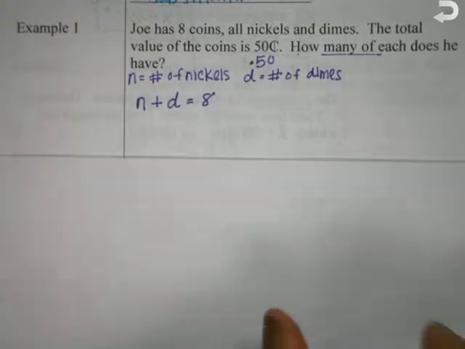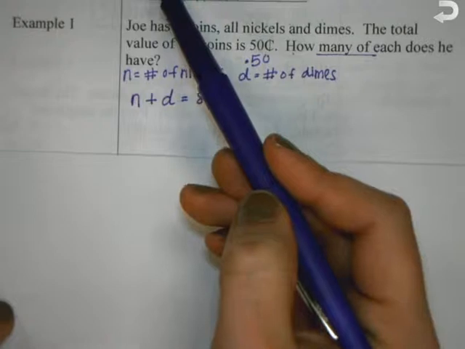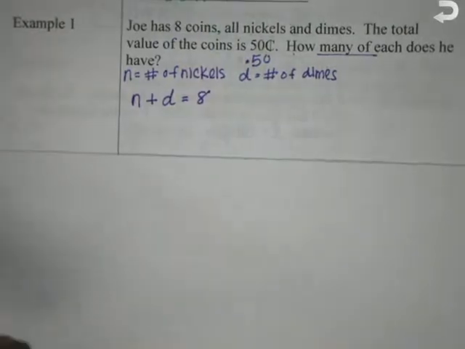Okay, second equation is going to be for the total cost of the coins. So that means, how do I find the cost of 1 dime? I multiply by what? 0.10. What if I had 2 dimes? That would be 0.10 times 2.